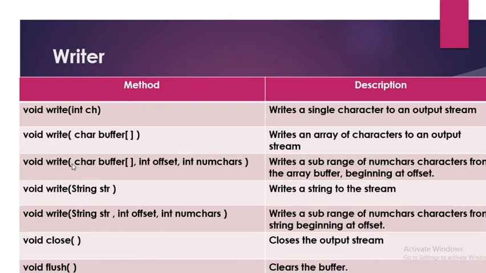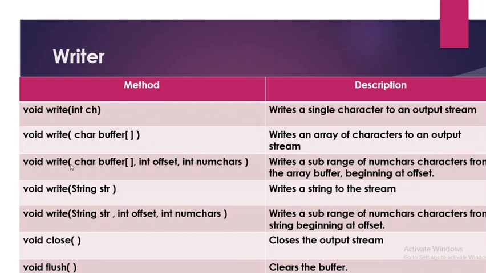If we have some character array but we don't want to write the complete array to the stream, only a part of it, a subrange of the characters, that facility is again available.